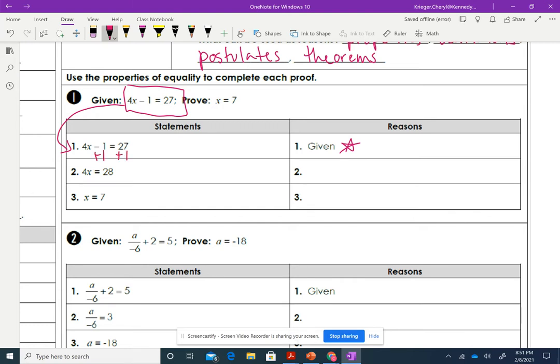It's not shown that they add 1, but that's implied. And you're left with 4x equals 28. If you added 1 to both sides, they used the addition property of equality. How did they get from step 2 to step 3? 4x equals 28 to x equals 7. You can see that they divided by 4 on both sides, so that is the division property.